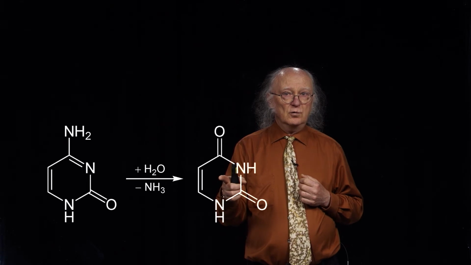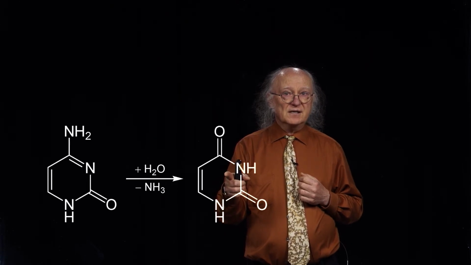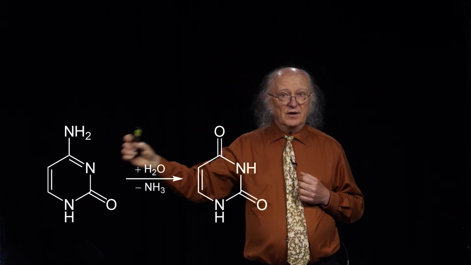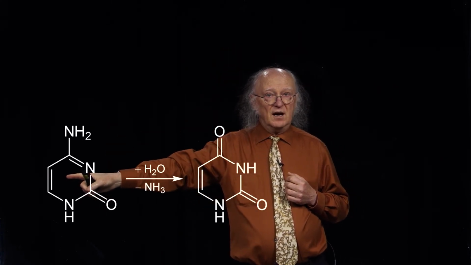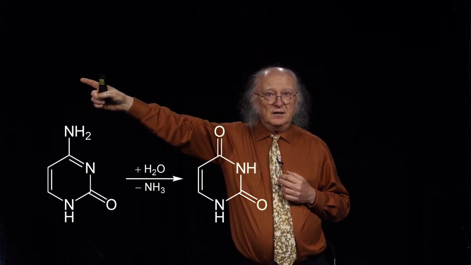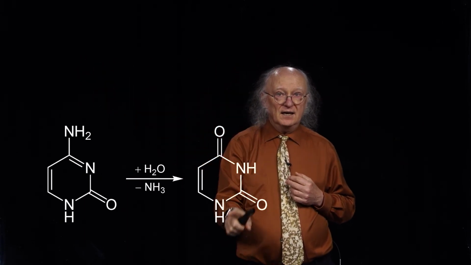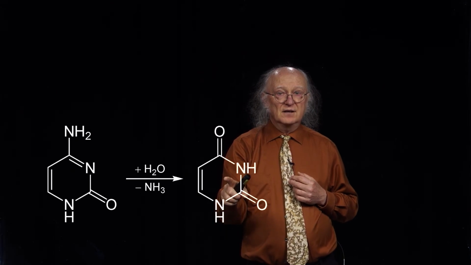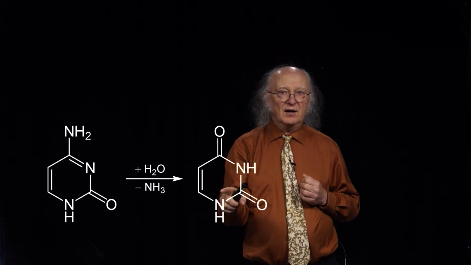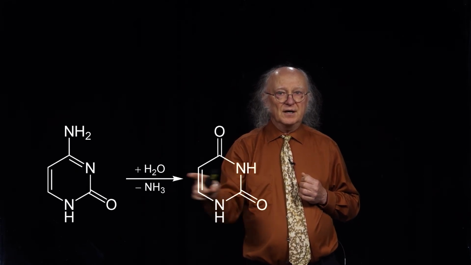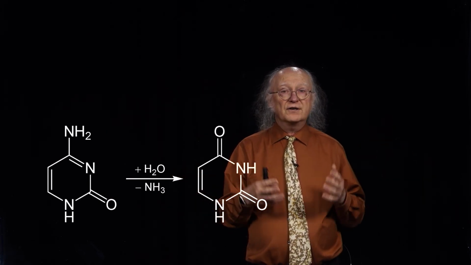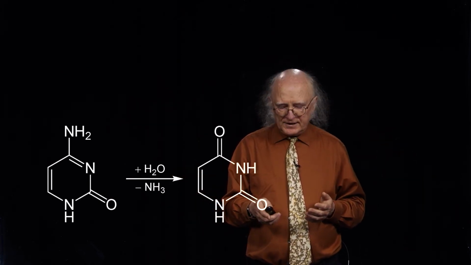Well, if it contains U, what will be put opposite this is an A, okay? Whereas the original C, if it got replicated, would have had a G. So we would have had a G being mutated to an A if this is not fixed. So the fixing of U's in DNA is very, very important because this process is occurring spontaneously all the time, okay? So how do cells do that?